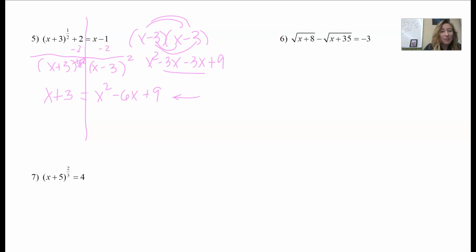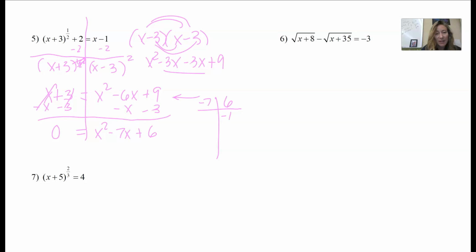So I'm going to make the x plus 3 equal to 0 by going minus x minus 3 and combining the like terms. Now I have 0 is equal to x squared minus 7x plus 6. And this can be factored. I make my t-chart, looking for numbers that multiply to 6 and add to negative 7. It's negative 6 times negative 1.